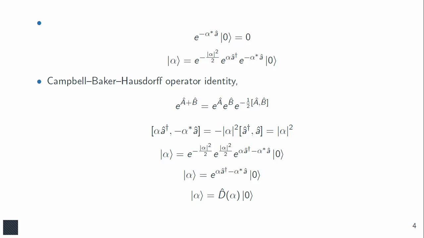One port will have the vacuum state, and the other port of the beam splitter will have a classical state with a very high intensity, and they will interfere in the beam splitter, and the output will be a displaced state, also called the coherent state.